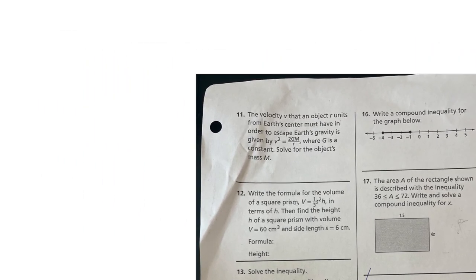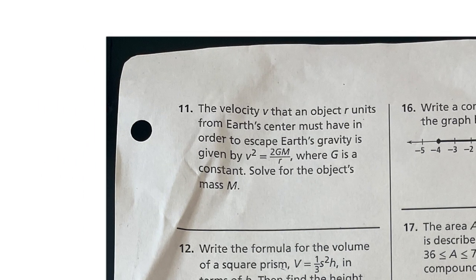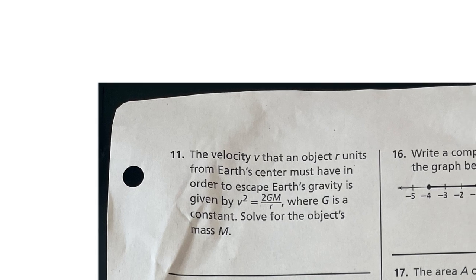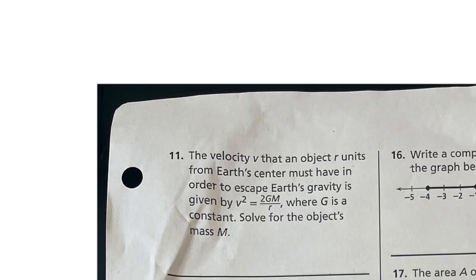Okay, then velocity v, the velocity of an object r units from Earth's center in order to escape gravity is given by that, where g is a constant. Solve for that big capital M there.